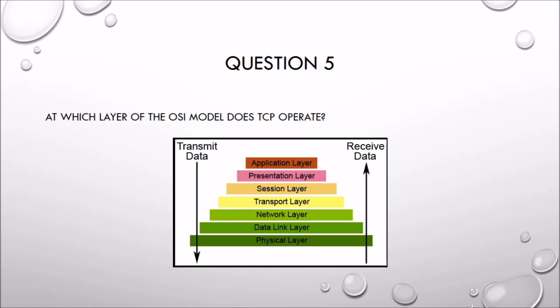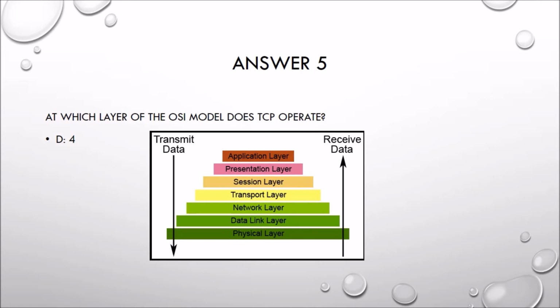Next question, at which layer of the OSI model does TCP operate? Is it layer 1, 2, 3, 4, or 5? And the answer is D, layer 4. Now, the way that I remember this, we know that TCP deals with port numbers.